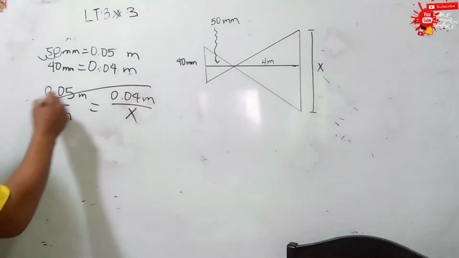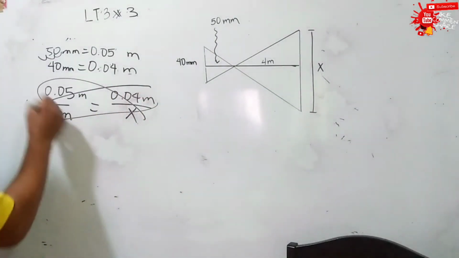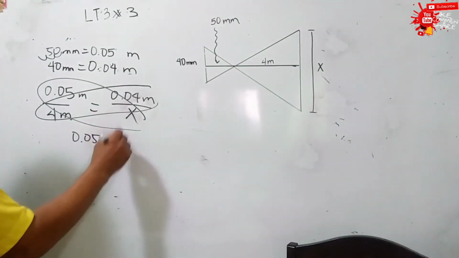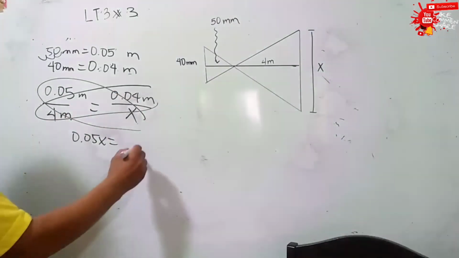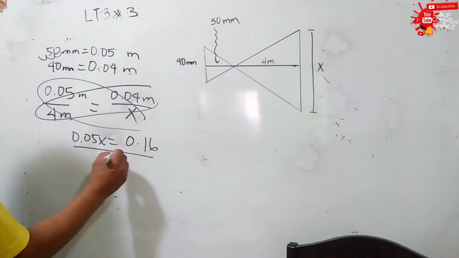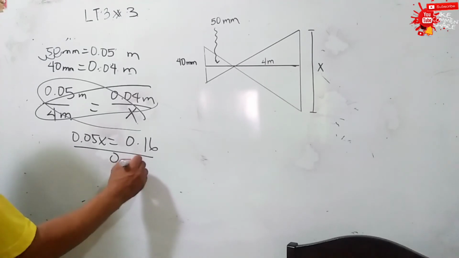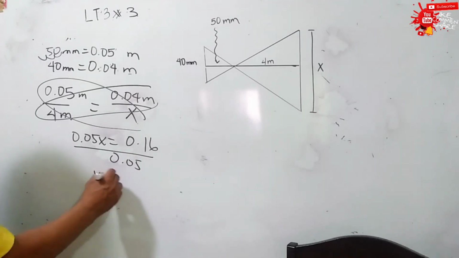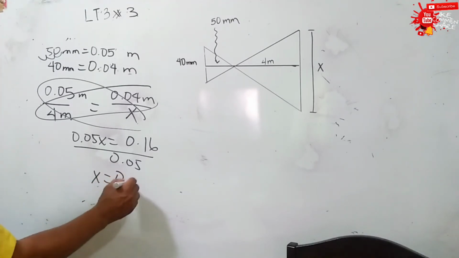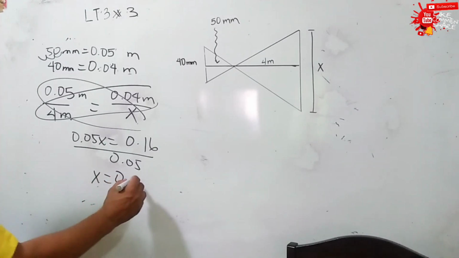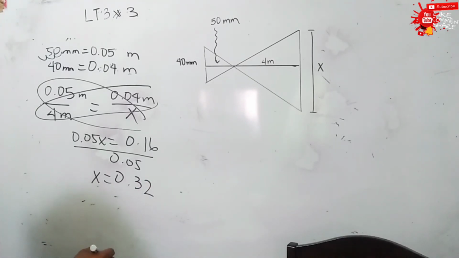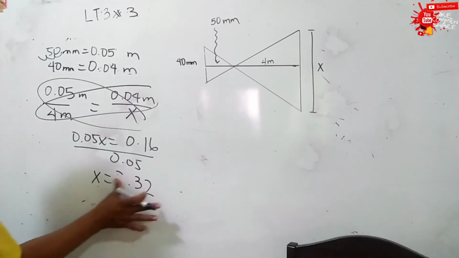Cross product. So we have 0.05x equals 0.04 times 4, that is 0.16. Divide both sides by 0.05. So x equals... oh, sorry, not 0.32.